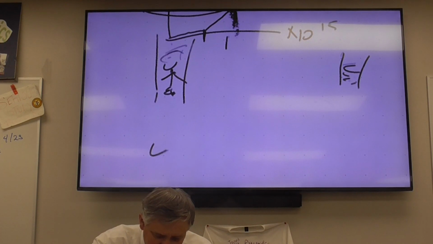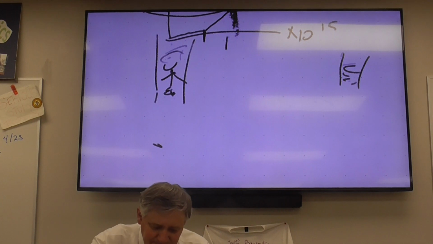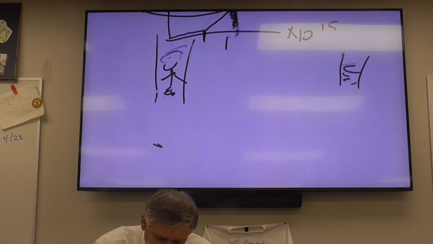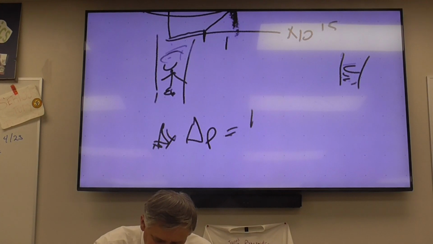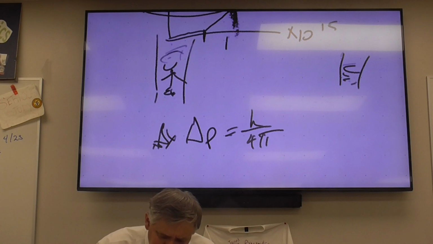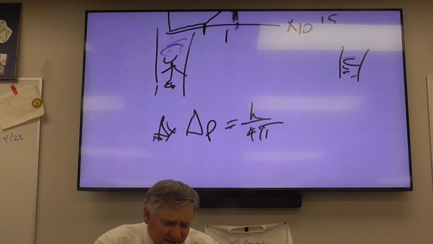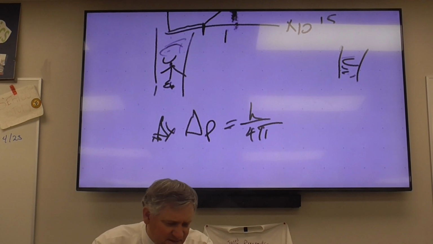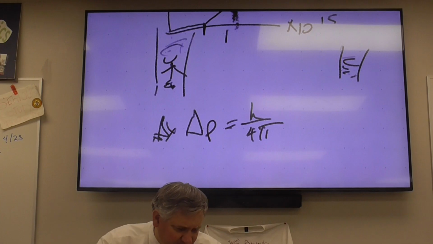Which is delta x times delta p is greater than or equal to h over 4 pi, right? Is that how they give it? Because there are different versions of this, whether they use h bar. How does your book list it? I think that's how your book does it.